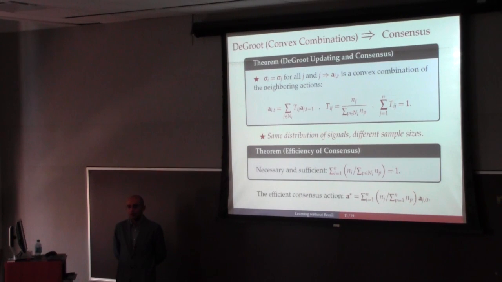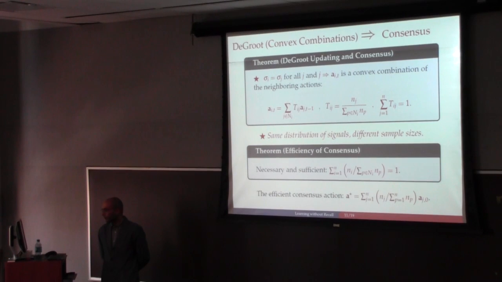It shouldn't be that one agent is observing signals with a different accuracy or has a greater observational ability than others. So for the de Groot model to be derived as a consequence of our assumptions, we need a strong homogeneity or a kind of social harmony among the agents in the sense of their observational abilities.